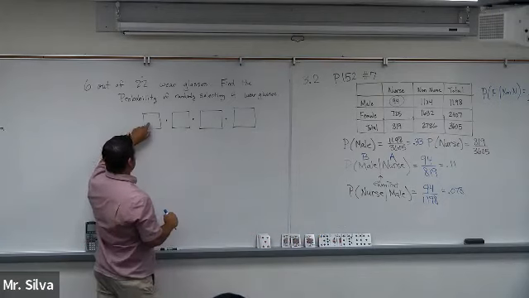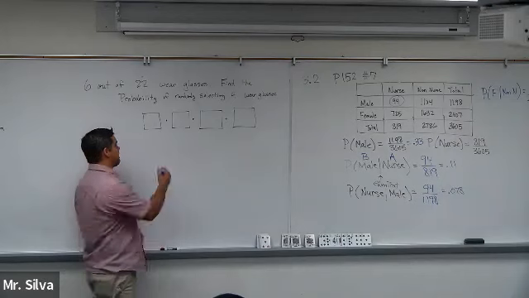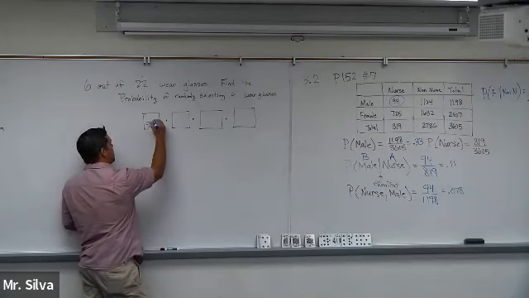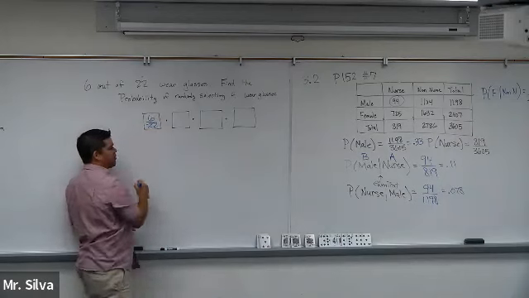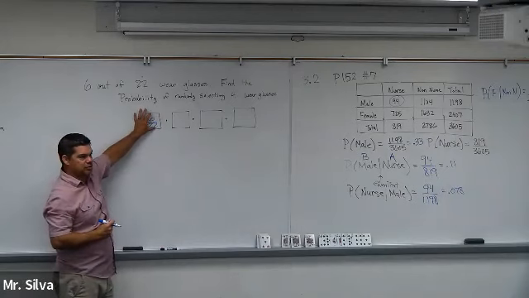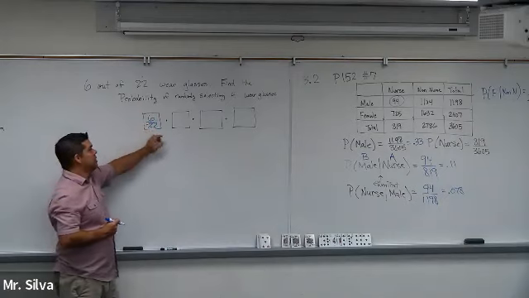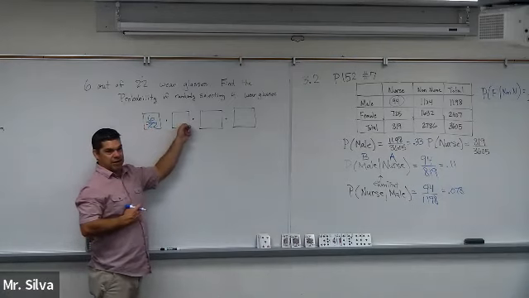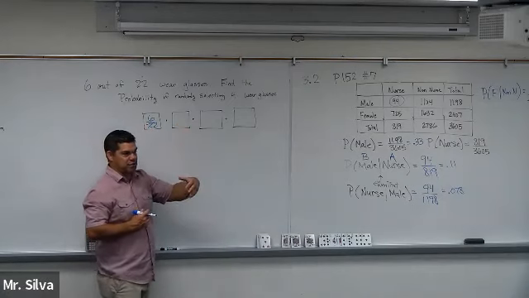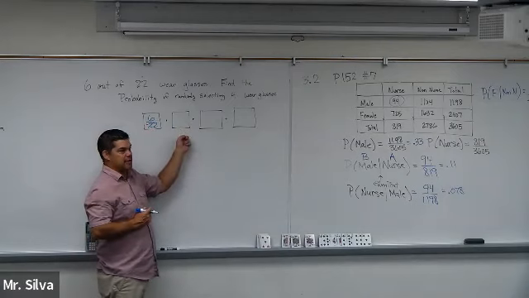Start with the probability that the first person is wearing glasses. So how many people are in the room? There's 22, and 6 of them wear glasses. Find the probability the first person wears glasses. That's 6 out of 22, because there's 6 people that wear glasses out of a room of 22 people. Okay, the next person: I selected my first person wearing glasses, and my second person has to wear glasses.